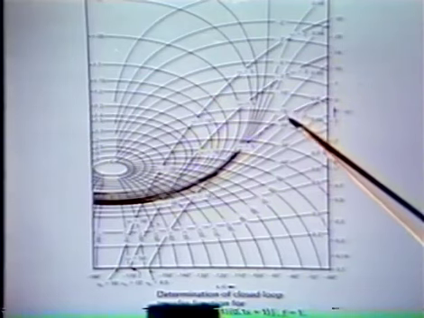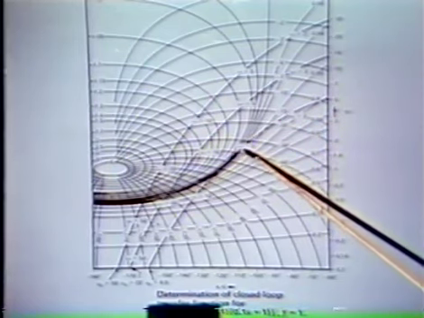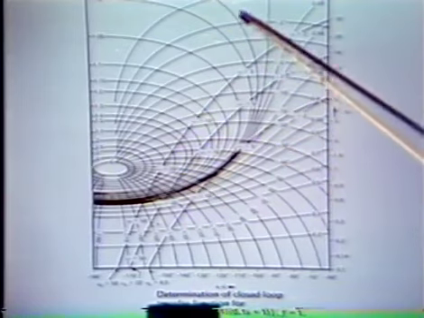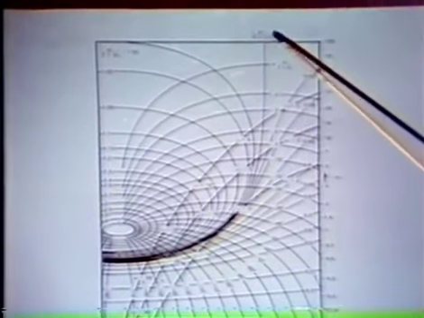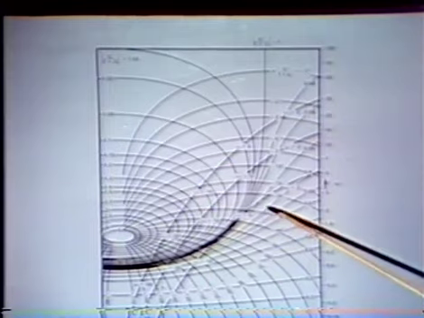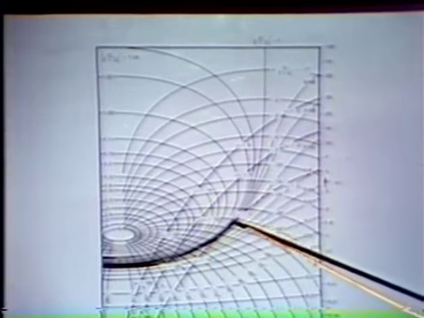As frequency increases, here's omega equals 2, omega equals 5, we begin to climb up in magnitude. Here we touch a contour that's about a magnitude of 1. G over 1 plus G equals 1. So here's that contour. And we just about touch that somewhere on the order of omega equals 5.